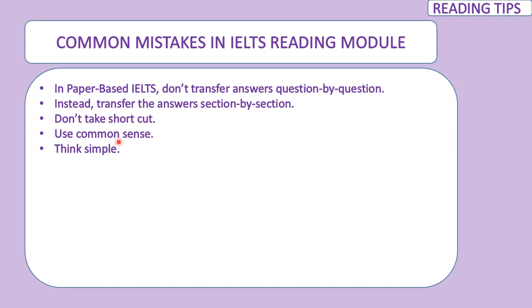You don't have to think extremely technically during your brainstorming, finding the keywords or matching the keywords from the passage to the question. Don't think too difficult. Just think simple, whether they are matching with each other, whether the things are going as per the appropriate criteria or not, and you are going to get the right answer. So you have to think simple.